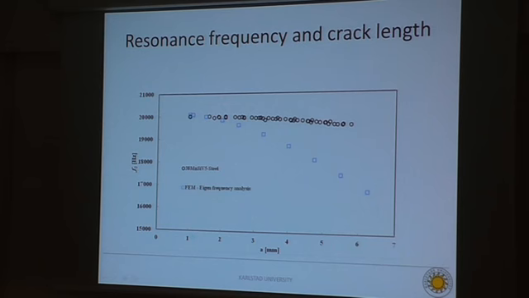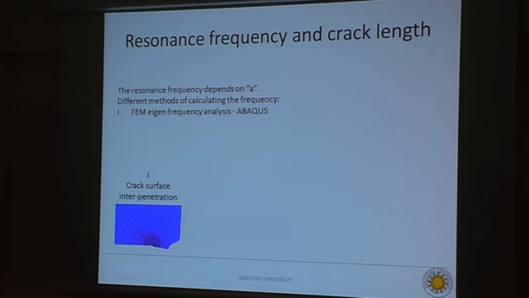So we came up with another idea, which we call the pull and release method, which is basically a two-step method, also within FEM software Abaqus, where in the first step we simply pull the specimen in a static step, and in the second step release it in a dynamic step and let it bounce back, and measure the time for each bounce, and from that we calculate the frequency.